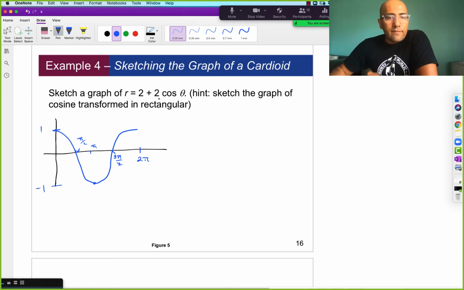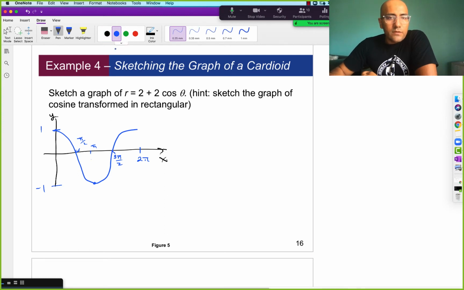Good. Okay, the fact that we multiply it by 2 out here, that's going to affect the amplitude of it, right? So instead of going out to a maximum value of 1 and down to a minimum value of -1, we multiply everything by 2, so it'll go up to 2.